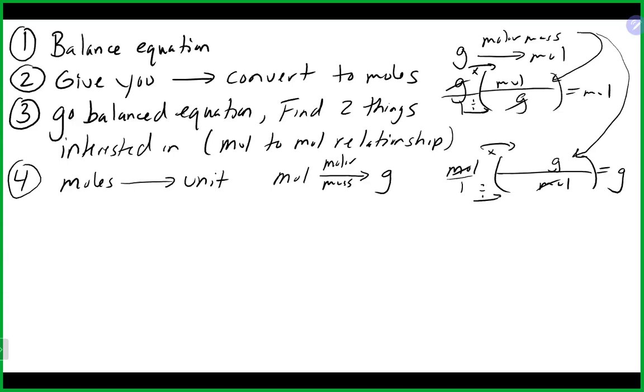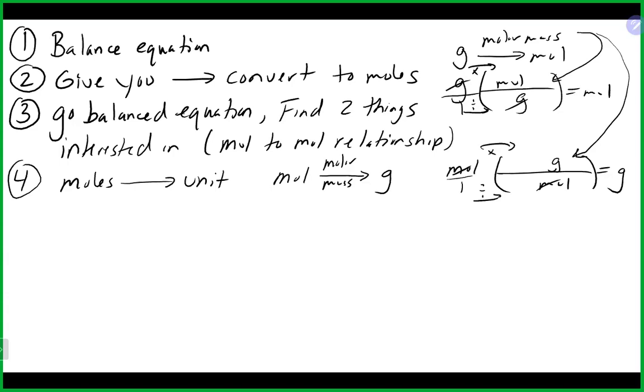For example, instead of grams, maybe they want pounds. So you may have to go from moles to grams and then from grams to pounds. They really could ask for any type of unit at the end, but the 2 most common you'll come across are stopping at moles or going to grams.